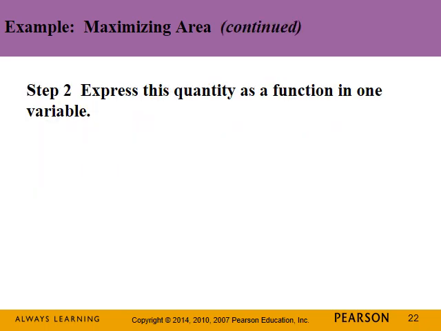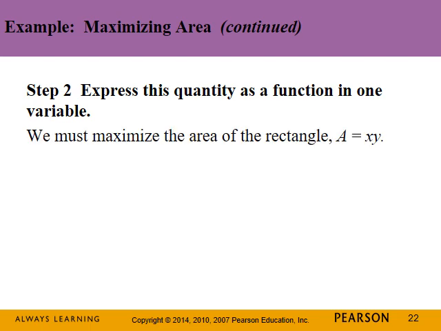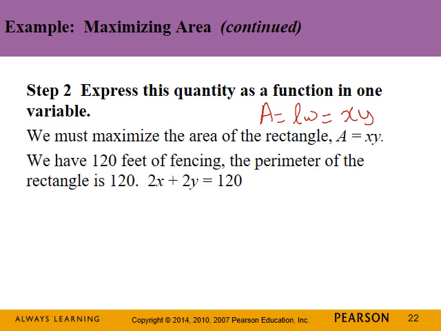The next step is to express this quantity as a function in one variable. If you remember, the formula for the area of a rectangle is length times width, but we're dealing with x and y here, so we're calling x and y the length and the width. So we know that we have 120 feet of fencing, and that's the perimeter, and twice the side that we're calling x plus twice the side that we're calling y needs to add up to 120.